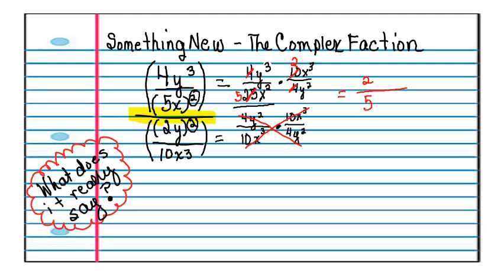Let's look at the letters. I'm going to go x's to x's, so we have an x squared down below, which means we only have 1 left up top. And I'm going to go to the y's, so we got 2 down below and 3 up above, leaves us with 1. And there we go. So it's not really all that bad, it just takes a little more patience. All right, just remember what it's saying: top number divided by bottom number.